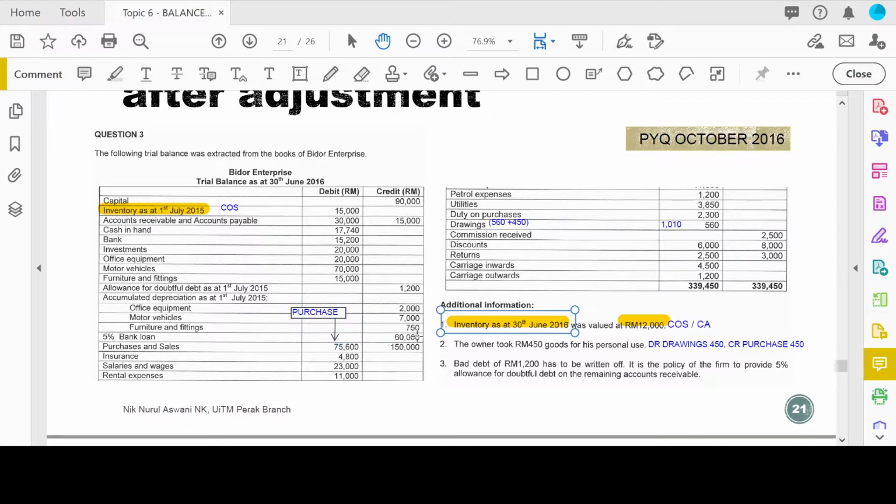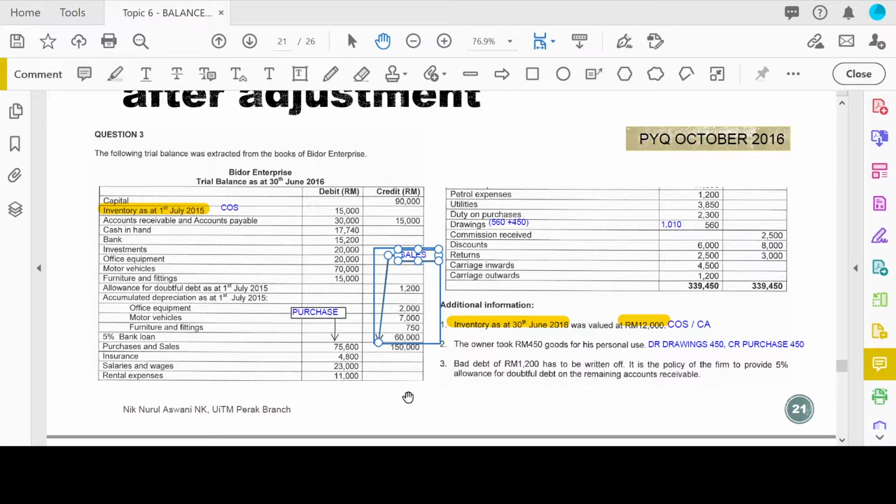And then what about 150,000? 150,000 is sales, because sales is a revenue account. It is common for a revenue account to have a credit balance.